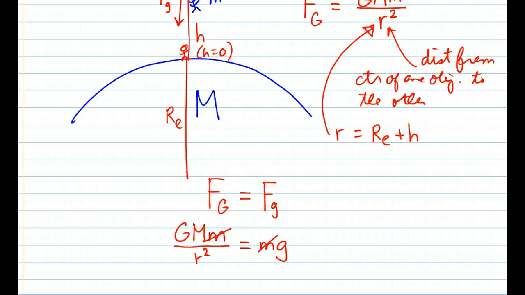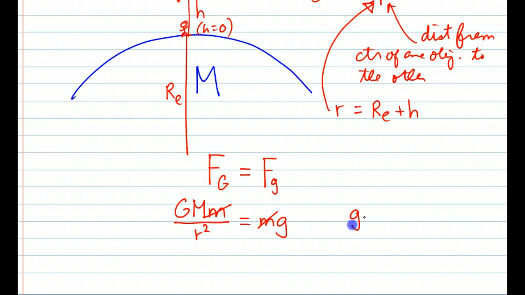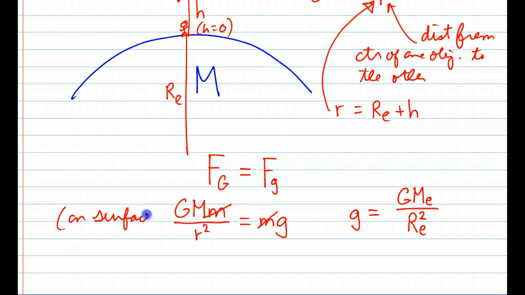Okay, now what this leaves us with is little g, which is the gravitational constant, the mass of the Earth, and if you're standing on the Earth, this is the radius of the Earth squared. Okay, so this little bit right here is on the surface of the Earth.